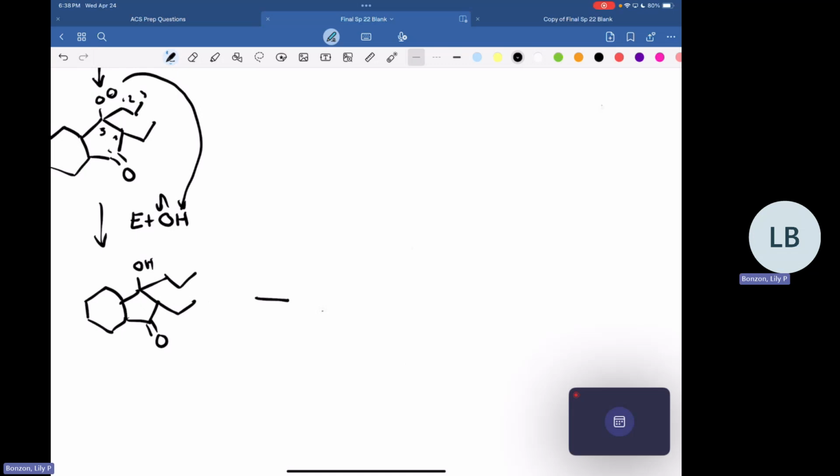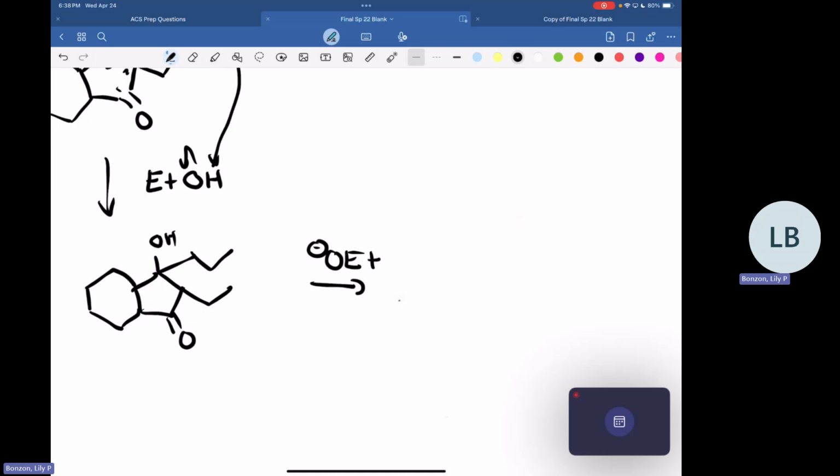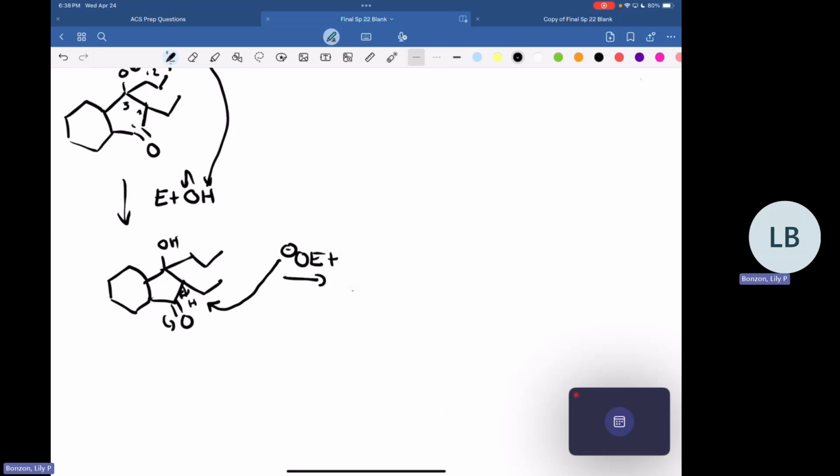But the aldol actually goes through a different mechanism. What happens is one of our OEt's takes off a hydrogen, an alpha hydrogen adjacent to the carbonyl. So we're going to remove that hydrogen, and that is going to form a double bond to the carbonyl and kick that carbonyl up to form our enolate.